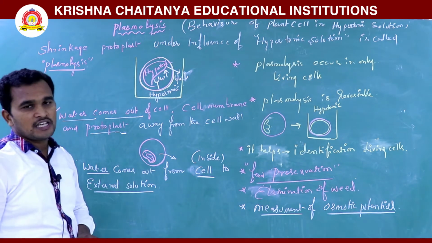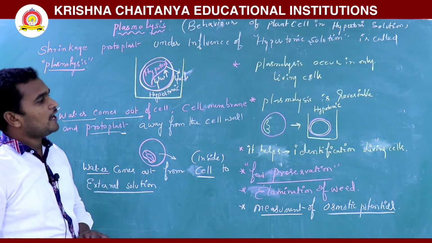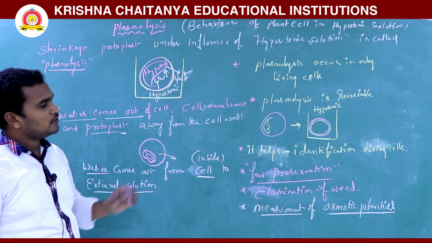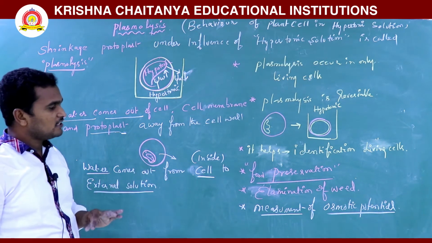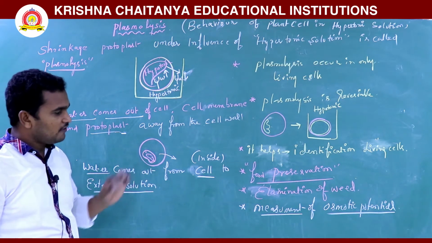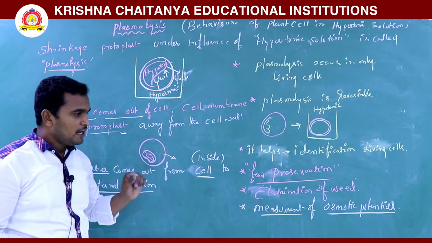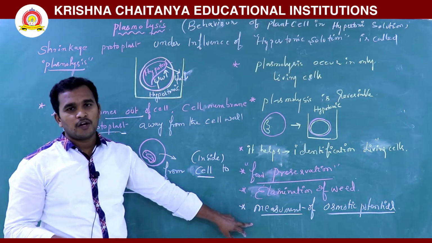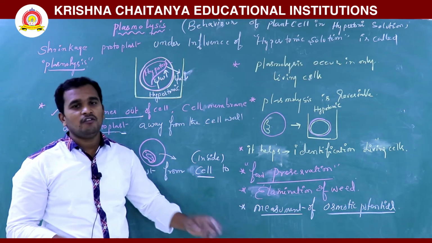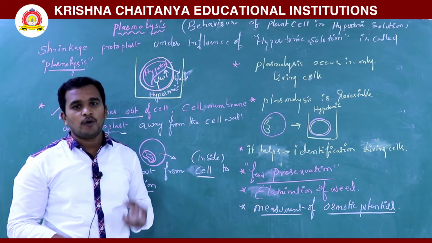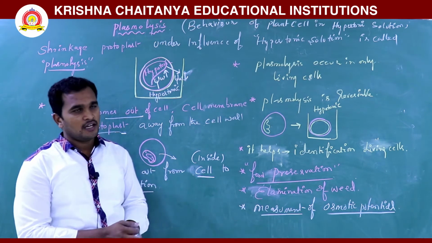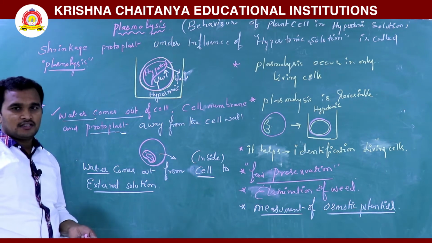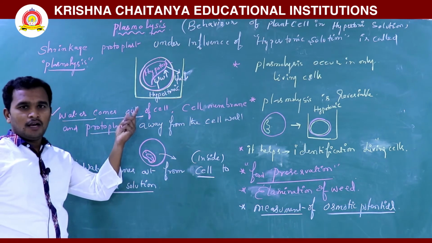Plasmolysis occurs only in living cells, and plasmolysis is reversible. It also helps in the identification of living cells, in food preservation, in elimination of weed, and in measurement of osmotic potential in the cell. This is nothing but plasmolysis.